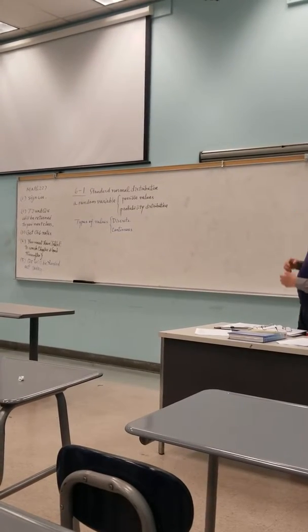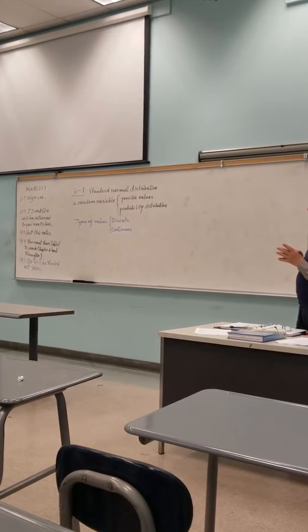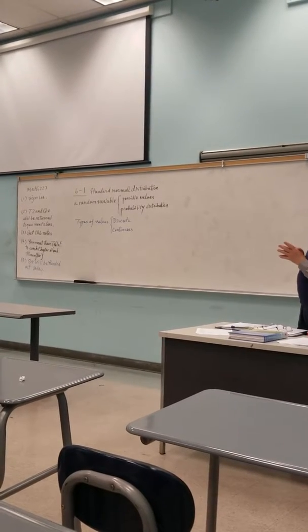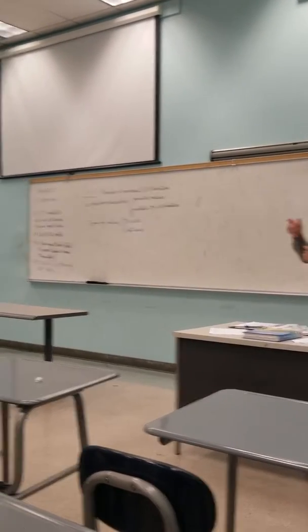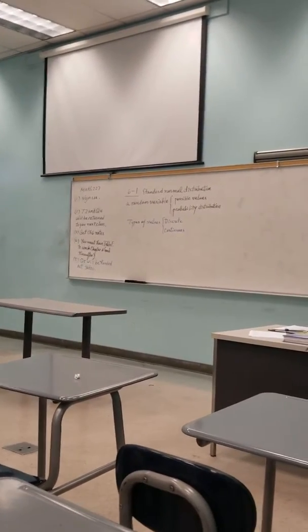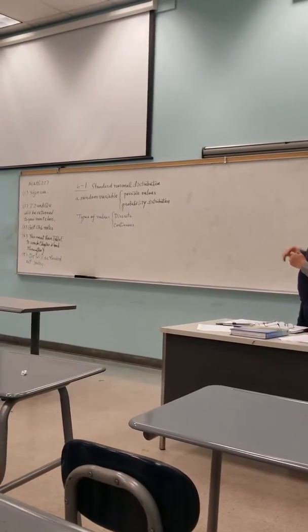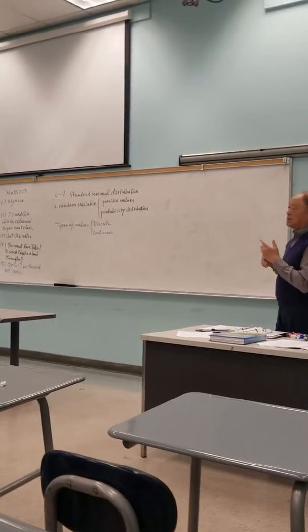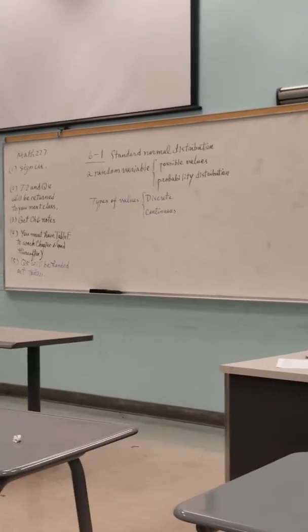When you study random variables, there are two related issues. One is how many possible values are there for the random variable to take. The random variable takes one value out of those many possible values. So you have to know what the possible values are.